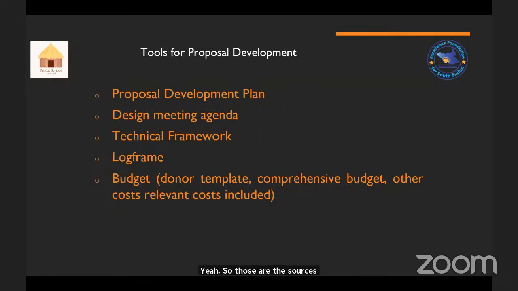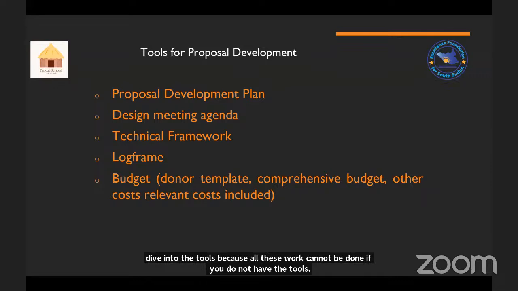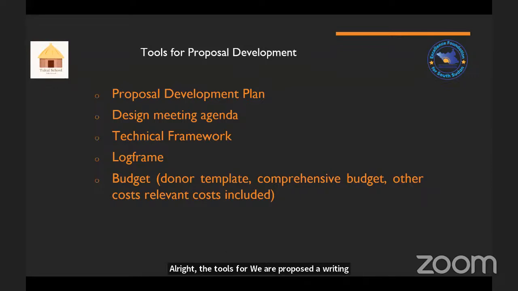But I really want us to dive into the tools, because all this work cannot be done if you do not have the tools, right? The tools for your proposal writing. I wanted to give you guys examples of some of these tools, but I understand I don't need to really show you the live ones, because I use them with the logo of my employer.